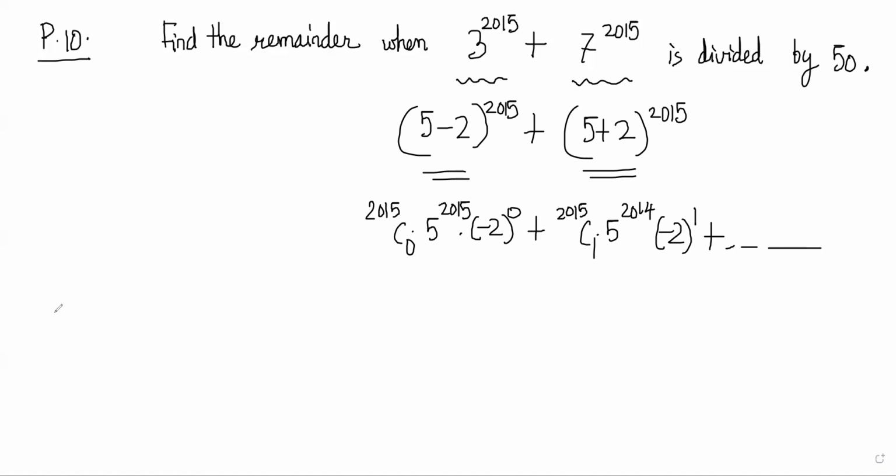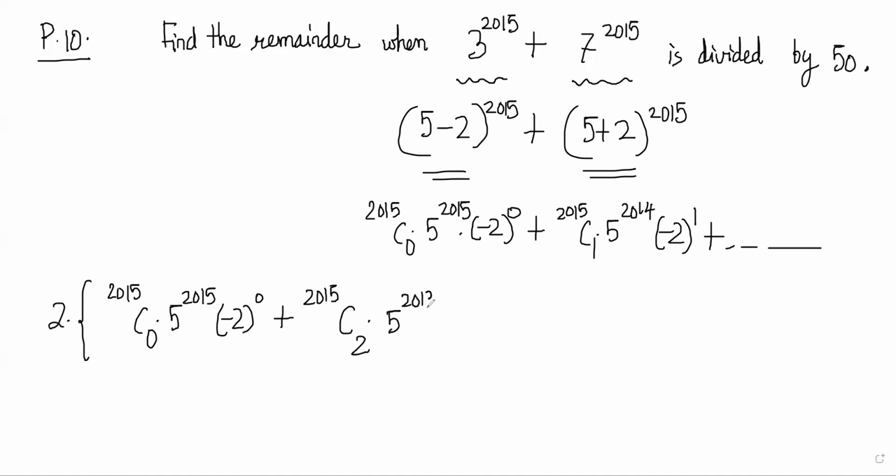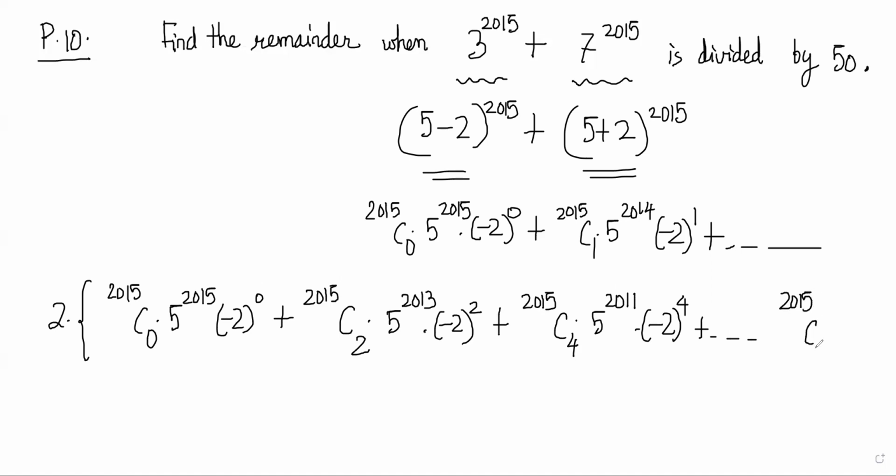So what you will end up with is twice of 2015 C0, 5 power 2015 minus 2 power 0, plus 2015 C2, 5 power 2013 minus 2 power 2, plus 2015 C4, 5 power 2011 minus 2 power 4, and so on till 2015 C 2014, 5 power 1 and minus 2 power 2014.